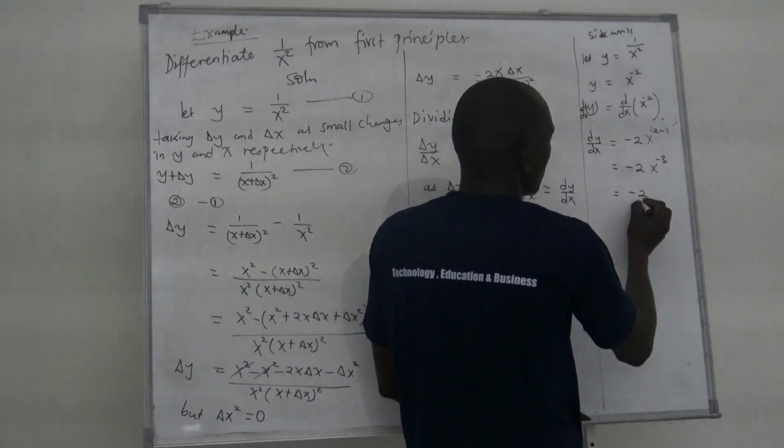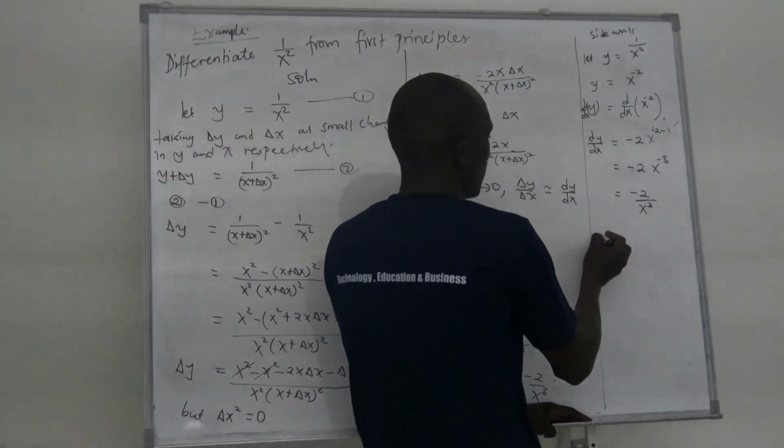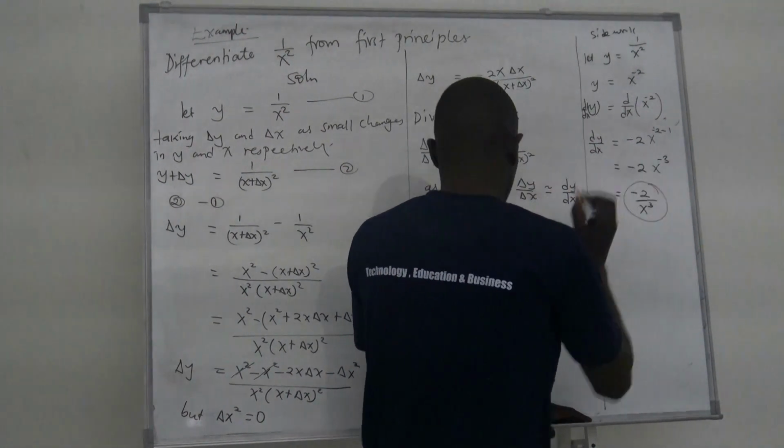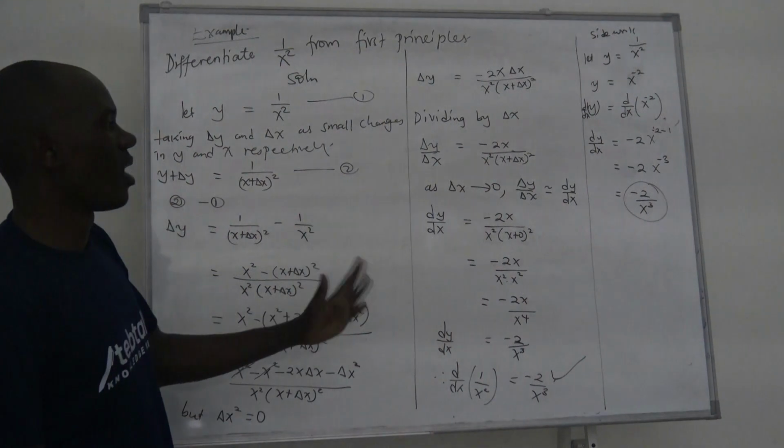This one comes down now, and when it comes down, the sign comes positive. So, have you seen how this is related to this? That's how we normally avoid it.